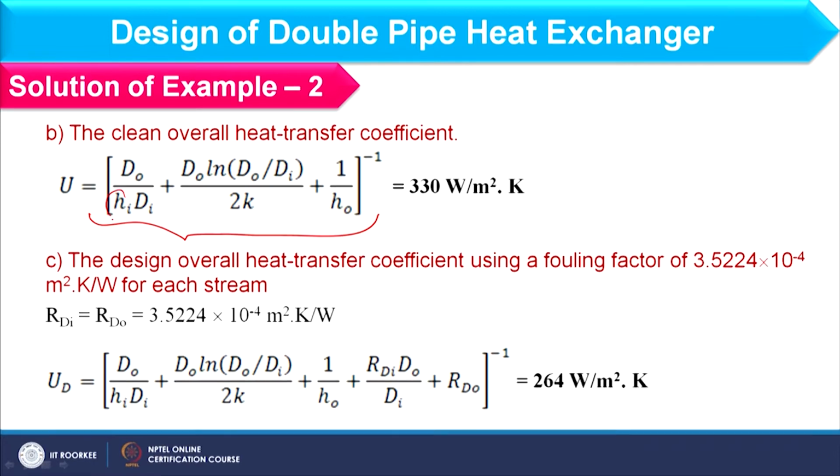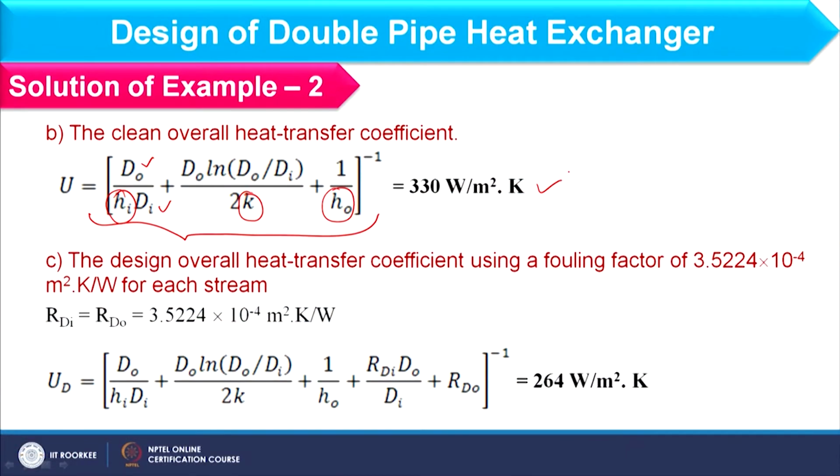HI and H naught you have already been given, and D naught and DI values are known to you, and simply you can put the thermal conductivity of the material, because here the material is carbon steel, and for that the thermal conductivity value is already given. So, considering all these values, you can find out the overall heat transfer coefficient at clean condition, which comes out as 330 watt per meter square Kelvin.